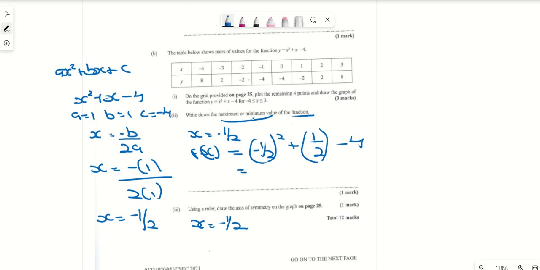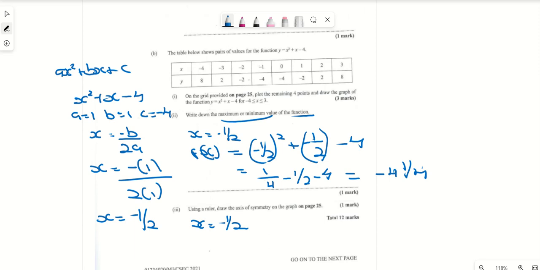So this is equal to 1 over 2 to the 4, minus, remember this is minus a half, plus a minus minus a half, minus 4. This right here, guys, you can use a calculator. When you use it, you'll get negative 4 and a quarter. Right, so my maximum or minimum value is minus 4 and a quarter.